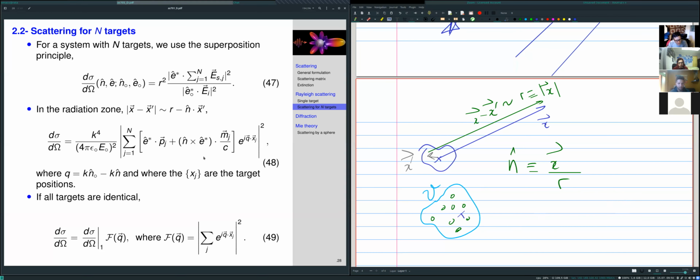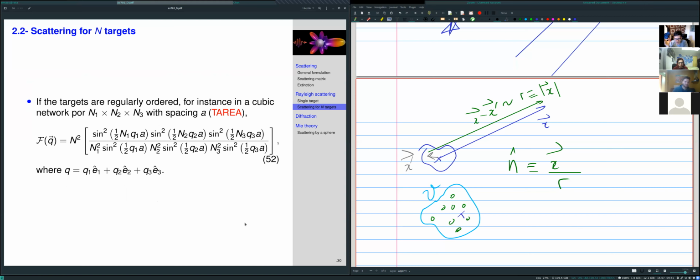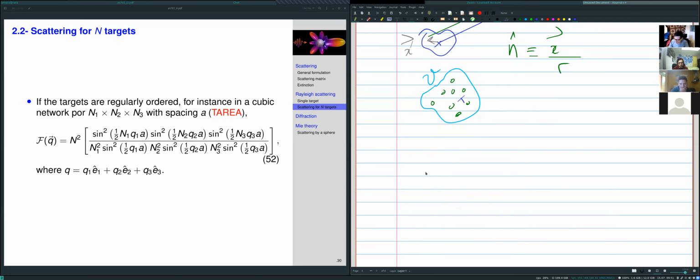But if they're ordered, for instance, as inside a crystal network, or inside a diffraction grating. Inside the spectrographs in telescope cameras we have gratings, which are like this.